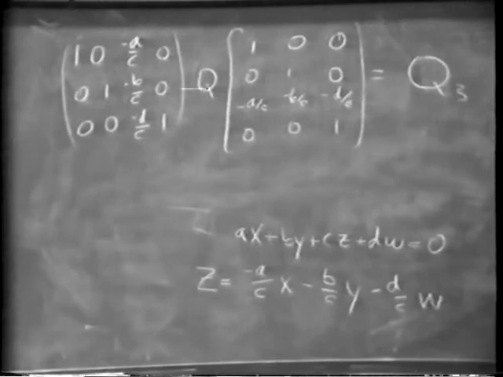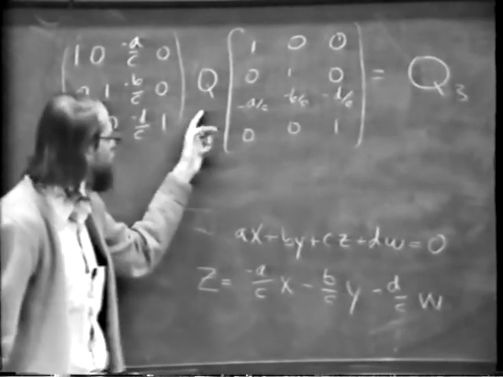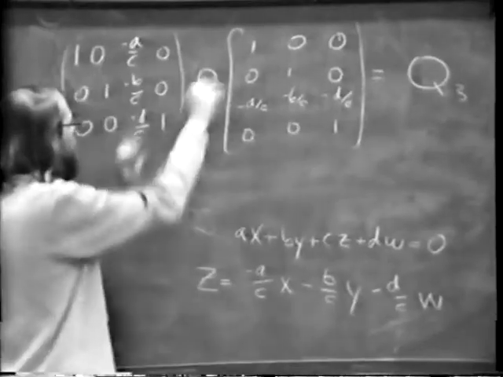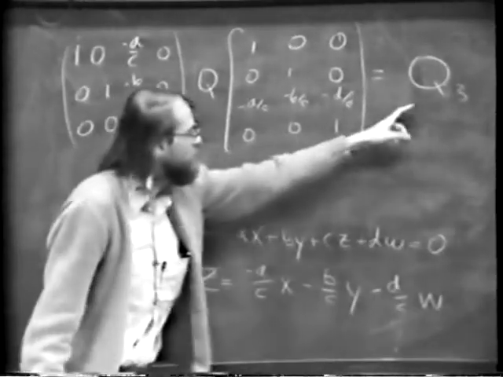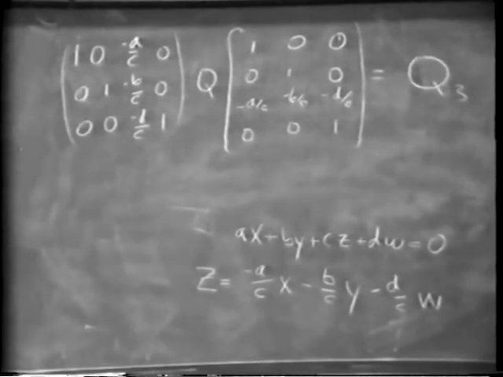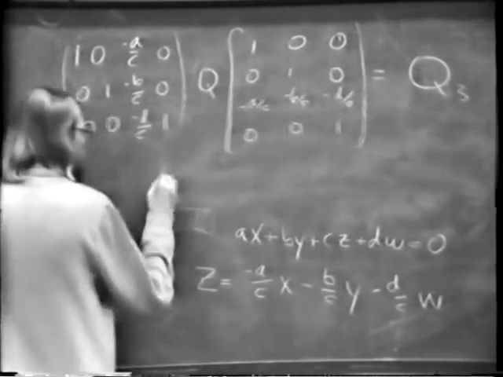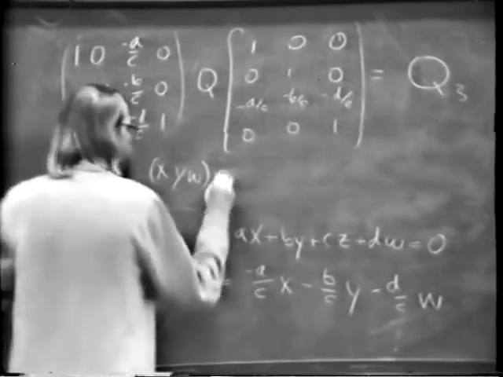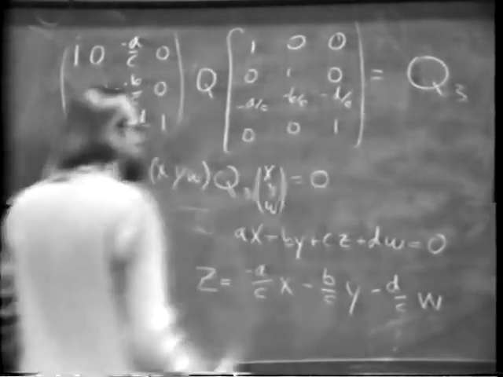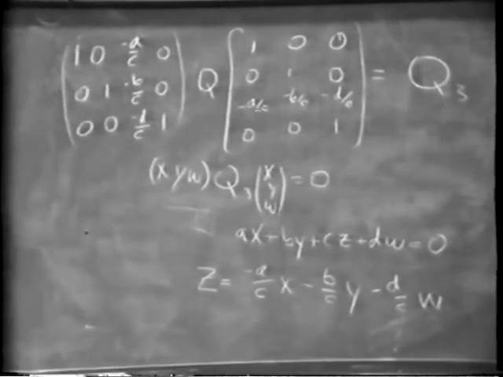We have taken this 3 by 4 matrix times a 4 by 4 times a 4 by 3 matrix, and these things all multiply together properly, and you boil it down, you get a 3 by 3 matrix, which satisfies this equation, x y w times Q3 times x y w equals 0. Q3 is now the equation for the 2D curve, which is this outline of this thing on the screen.